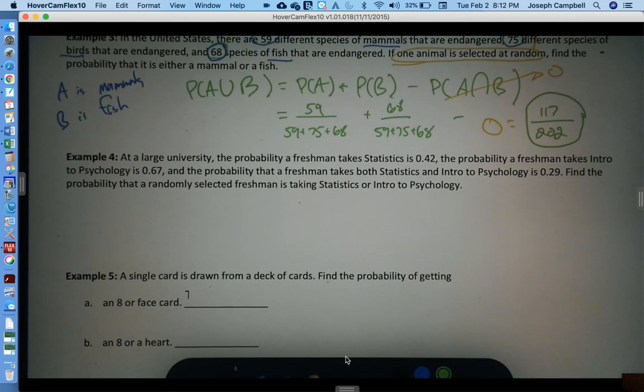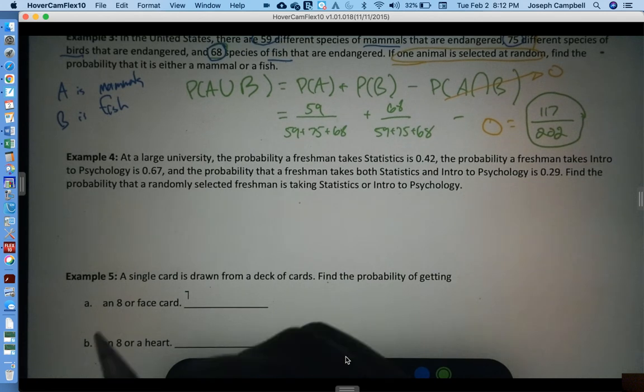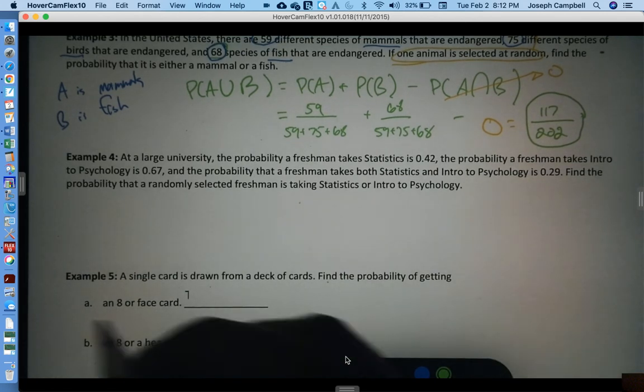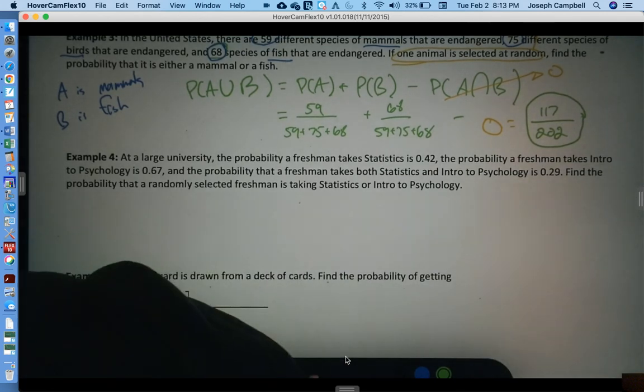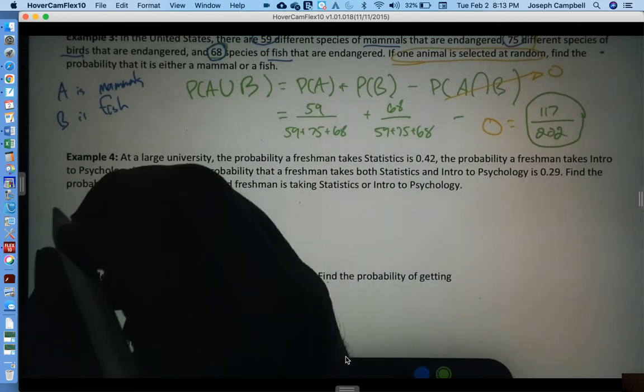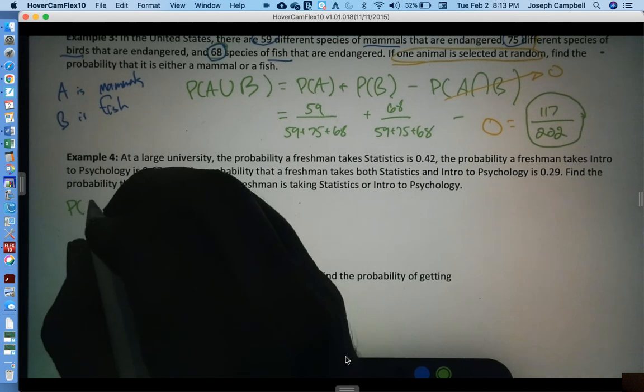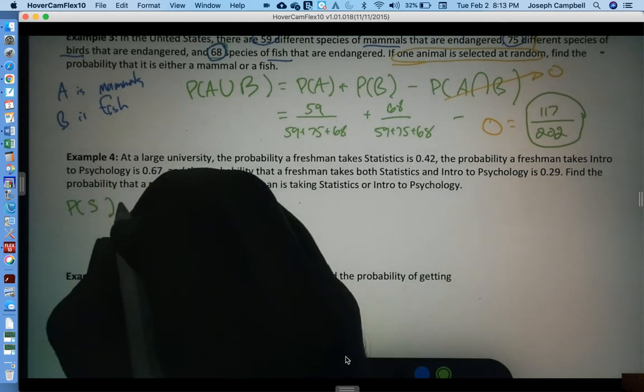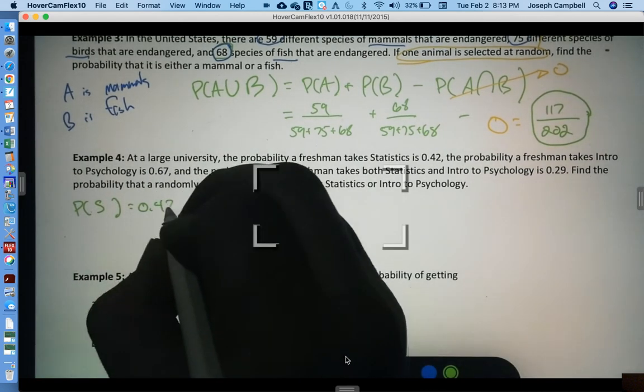At a large university, the probability of a freshman taking a statistics class is 0.42. Okay, so I'm going to start writing this stuff down as we go. Are these all freshmen? Yeah, these are all freshmen. So the probability that one takes statistics is equal to 0.42.